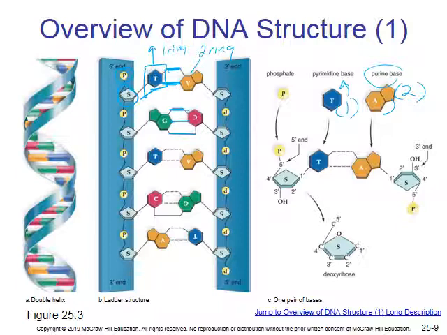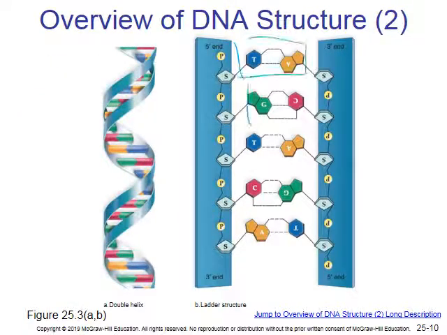So I want you to see that the sides of the ladder are always sugars and phosphates, and the rungs of the ladder are always the nitrogenous bases bound together. And these are hydrogen bonds. Remember, hydrogen bonds, lots of them, very strong, but can also be pulled apart and put back together. And you'll see that we need this if we're going to copy DNA.